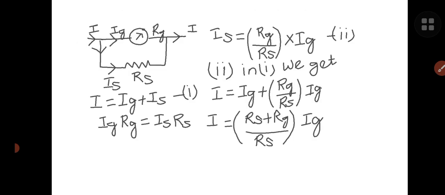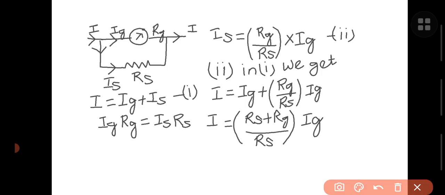Here is the diagram. The circle with the arrow represents the galvanometer. It has the internal resistance Rg, its value is given as 720 ohms. Rs value is given as 80 ohm.